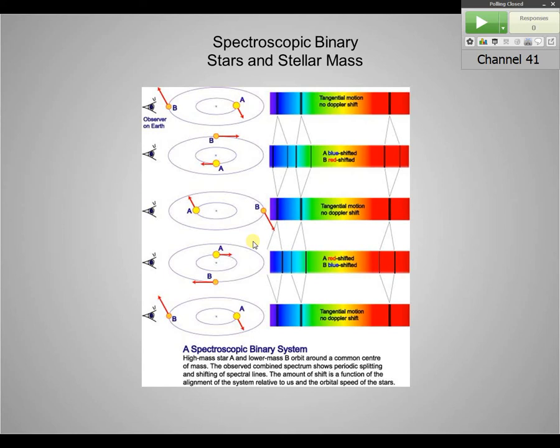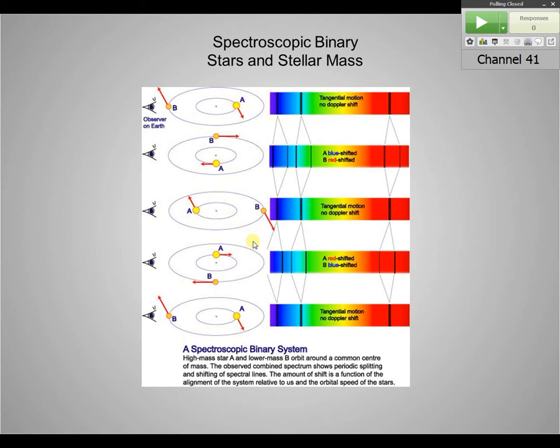If you keep watching the star, you're going to see this pattern reversing, because now they're at a point in their orbit where instead of A moving towards you, A is now moving away from you, and instead of B moving away from you, B is now moving towards you. So you see that slightly thicker line, instead of being blue shifted, is now shifted in this direction, so it is red shifted, closer to the red end of the spectrum.